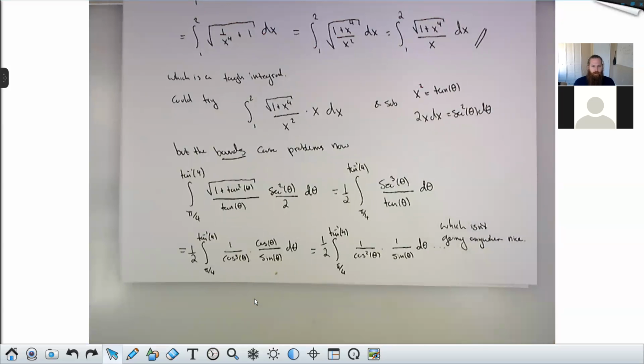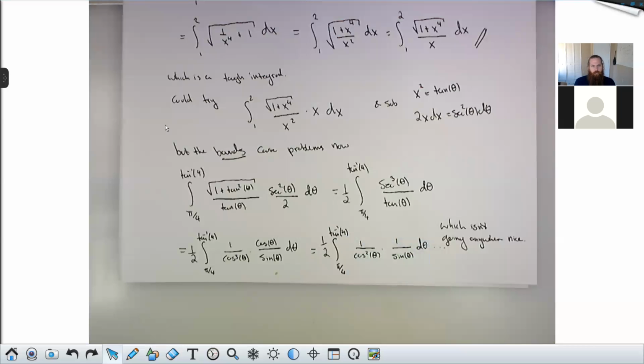But even after implementing the substitution, the bounds are difficult. And the integral, while it does simplify a good deal, doesn't simplify enough for me to have hopes of finding an antiderivative. So look carefully.